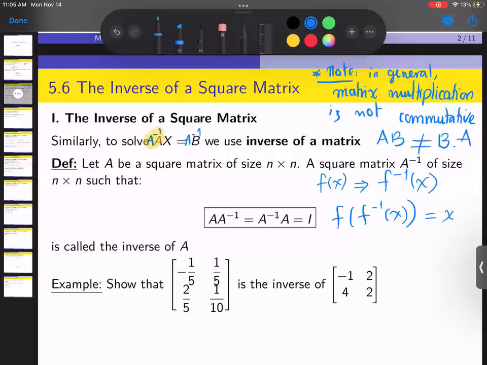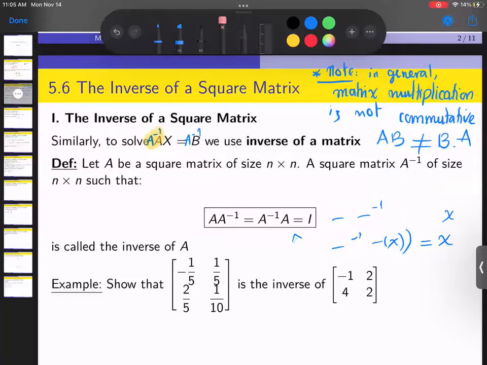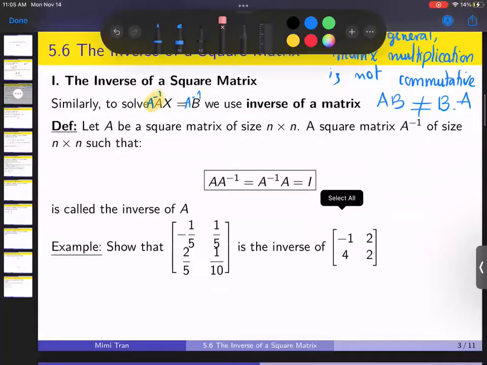And the same thing if you put the inverse outside and the function inside. So it's kind of similar, not computationally, but a similar idea. Just remember, A times A inverse is equal to A inverse times A equal I, the identity matrix.